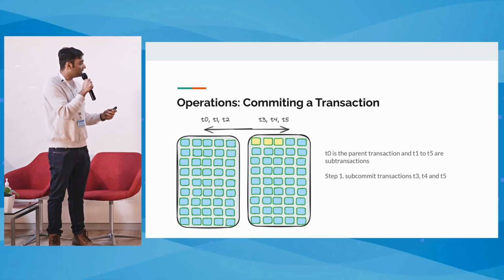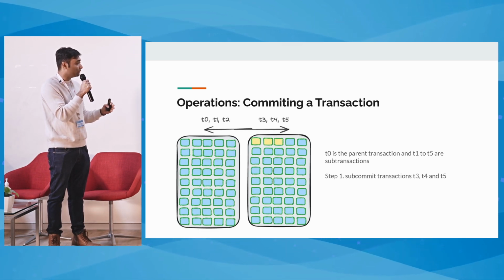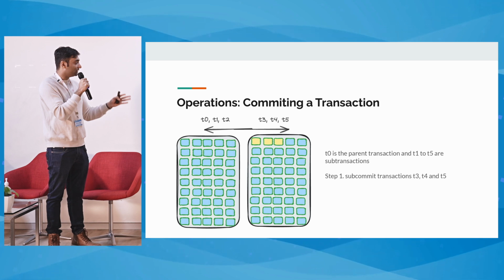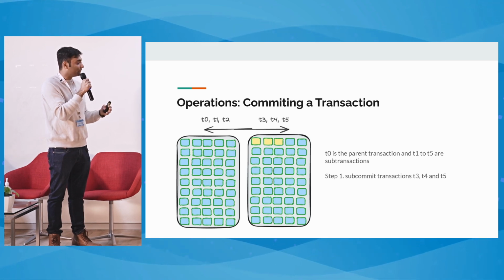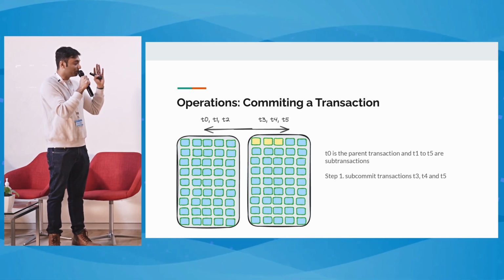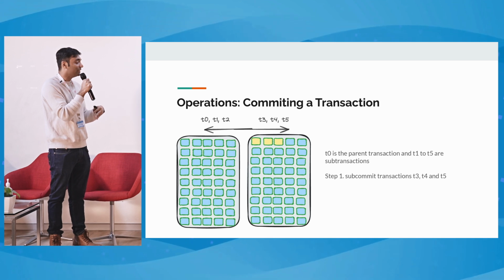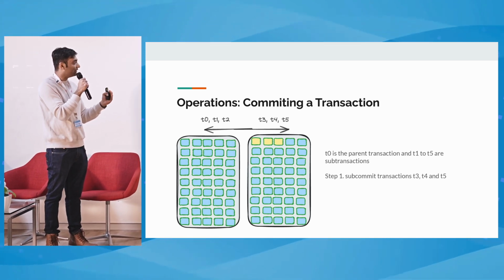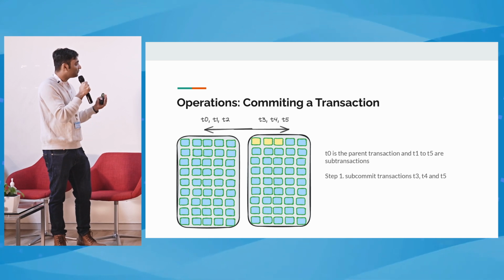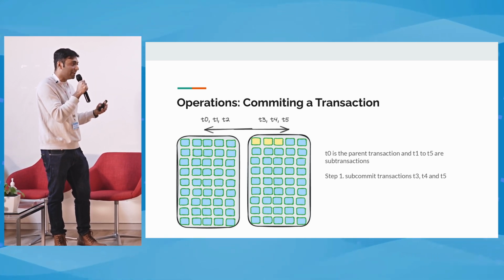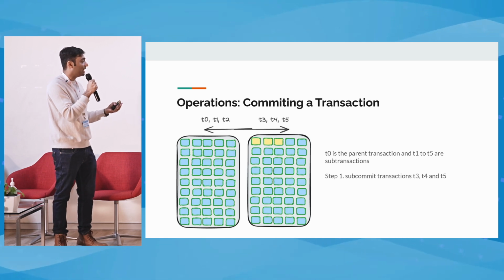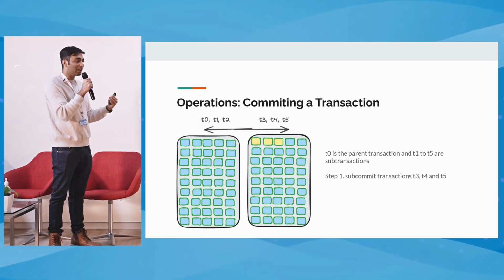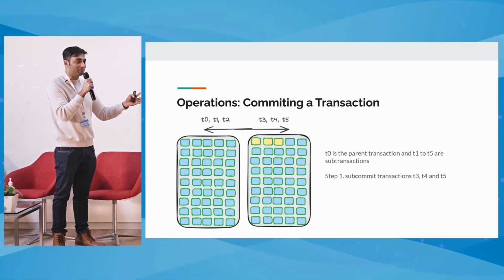So the general behavior is, all the transactions which belong to a page, flush them first. If they're part of a sub-transaction, then flush the sub-transaction first, and then the parent transaction. This is a very edge-casey kind of path. Most of the time, all the transactions belong to the same page, but every now and then it can happen that my transaction ID is really very large, overflowing pages.